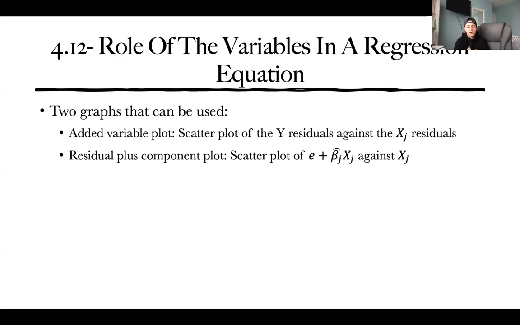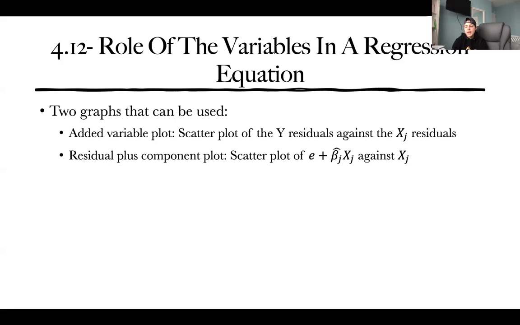And now for our residual plus component plot, this is going to be used in the same way that the added variable plot is going to be used, except it's going to be a scatter plot of our e plus beta sub j hat times our x sub j value against our x sub j residuals. E here is the ordinary least squares residuals when y is regressed on a predictor variable.